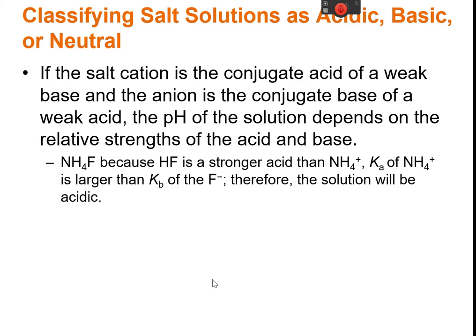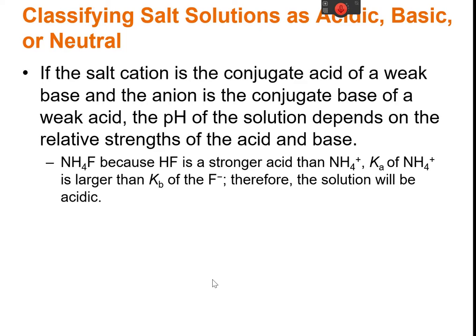So then what we do is we compare which one of those is the bigger effect. In this case, hydrofluoric acid is a stronger acid than the ammonium ion. And how we would figure that out is we would just compare them. So we would look up the Ka of the ammonium ion, and look up the Kb of the fluoride ion.